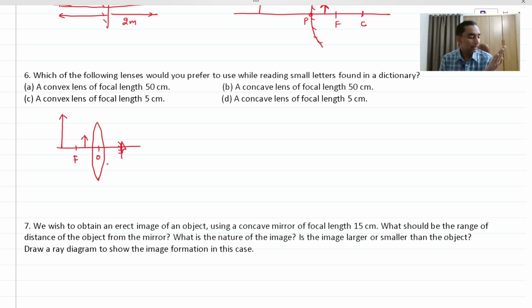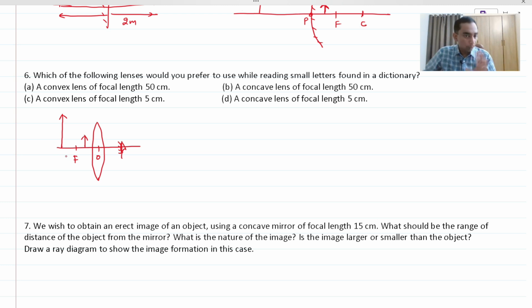So when you read the letters of the newspaper or the dictionary, they are very small, they are the object. Now you keep the lens between your eye and the letters. The letters must be between the focus and the optical center, and behind the object you will get a larger image. So your eyes will not be seeing the small letters, they will be seeing the image which is bigger.